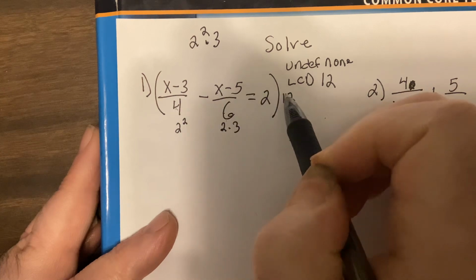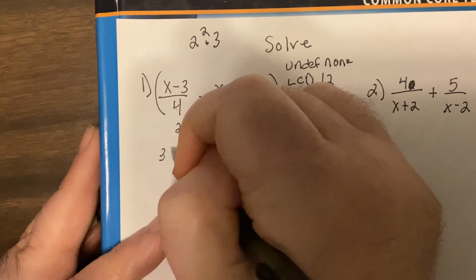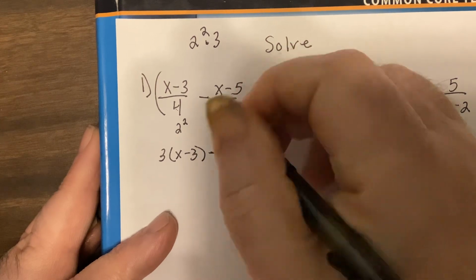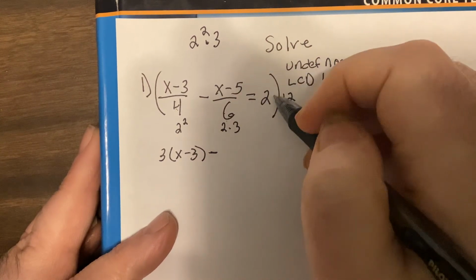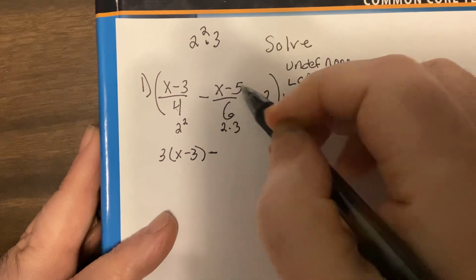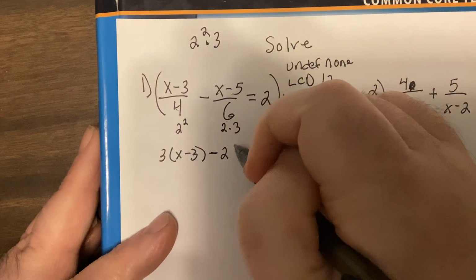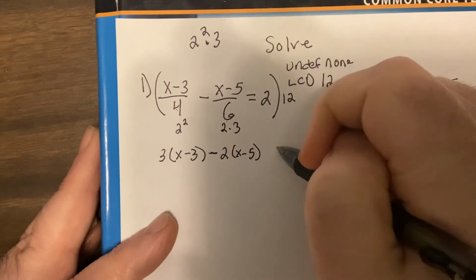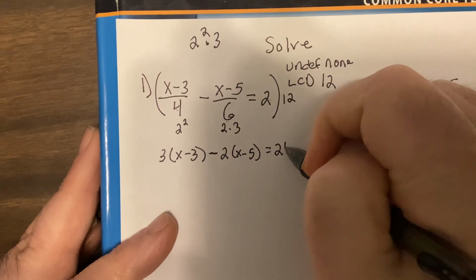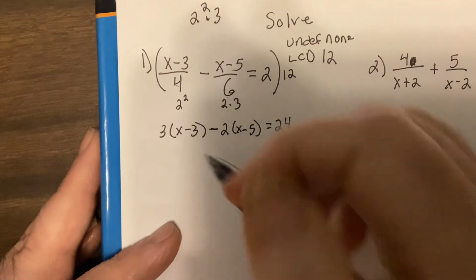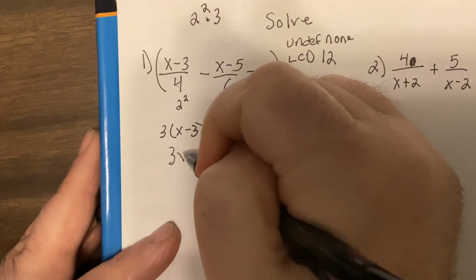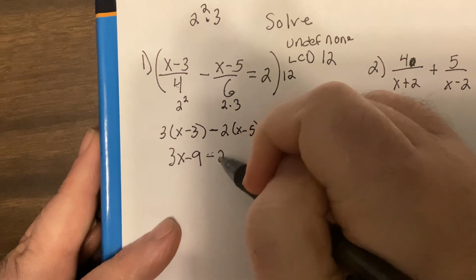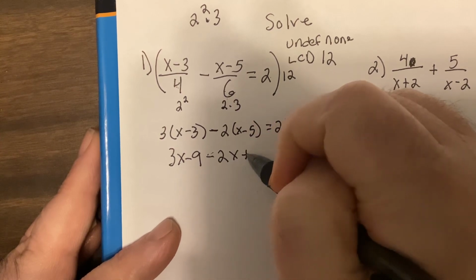4 goes into 12 3 times, so I'd have 3 times x minus 3, minus 6 goes into 12 2 times, distribute a 2, and 12 times 2 is 24. So 3x minus 9, distribute minus 2, it'd be minus 2x plus 10.